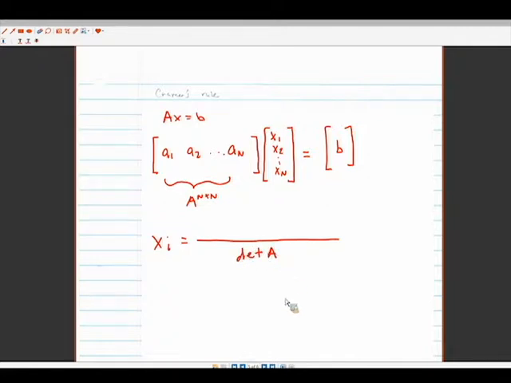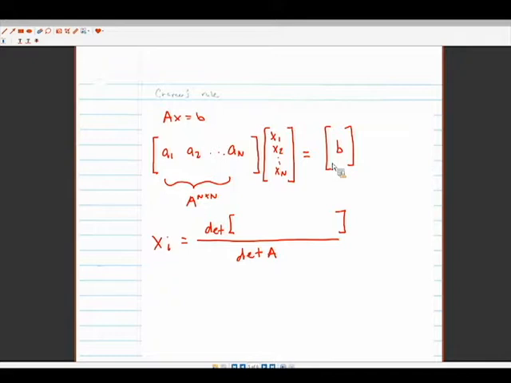Right? So this is the same regardless of what unknown you're solving for. The numerator is how we specify what unknown we're solving for, but we're going to do the determinant, and we're now going to make up a new matrix where we take pretty much A, and then we keep everything the same except for the ith column of A, we're going to replace with the solution vector.